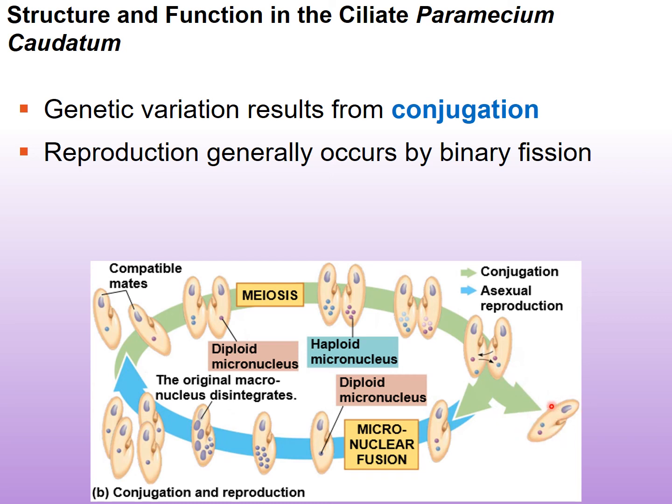So this final one is going to be genetically distinct from the initial two. So it's basically a combination in terms of mixing up the micronuclei. And then this organism itself, or any one of these first two, or the product of the conjugation, could undergo fission.